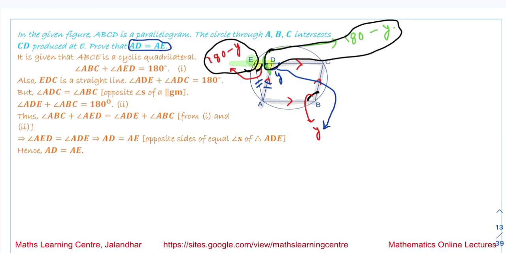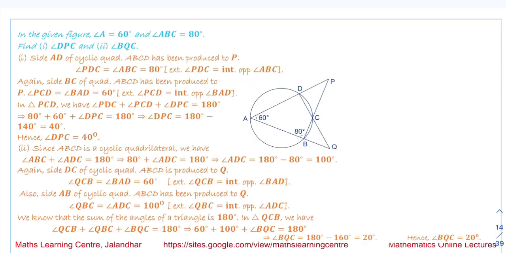Now in this next question we are given a cyclic quadrilateral ABCD, and the angles at A and B are given to us.